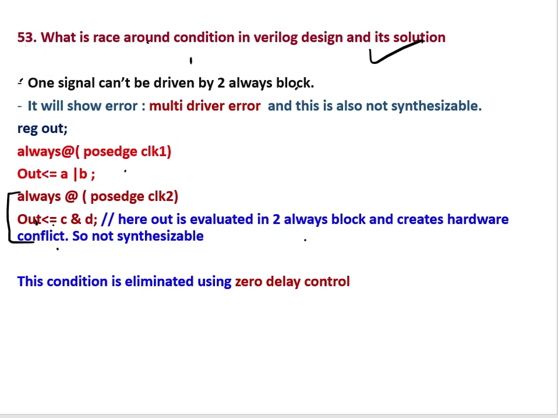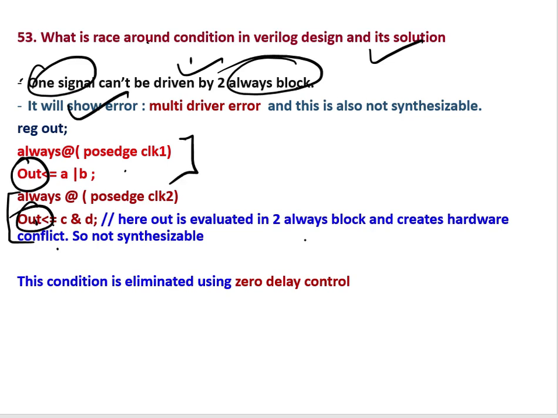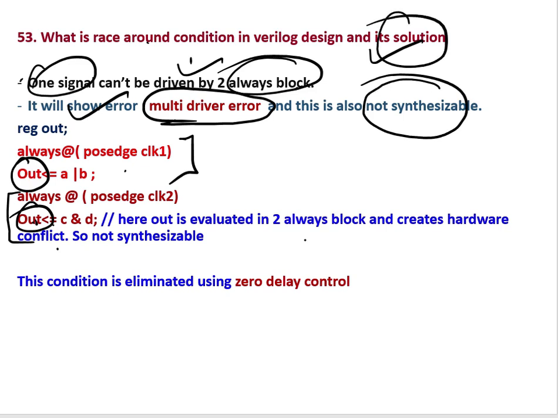So one signal cannot be driven by two always blocks, and if you are driving the same signal in two always blocks, then it will show you an error, called multi-driver error, and this type of condition is not synthesizable in Verilog. And what is the solution for this one?